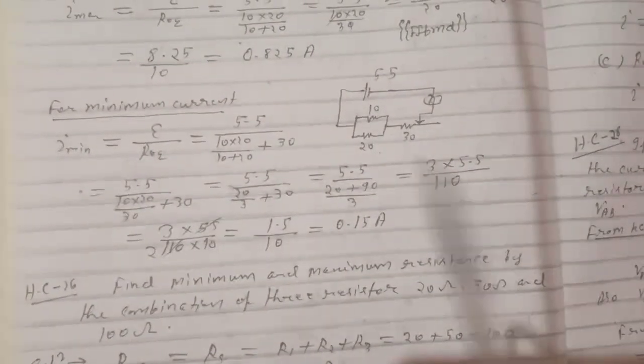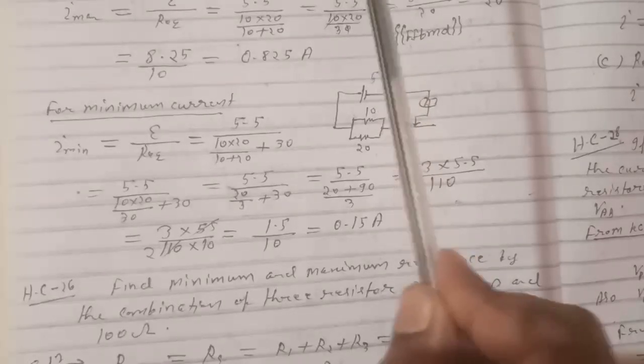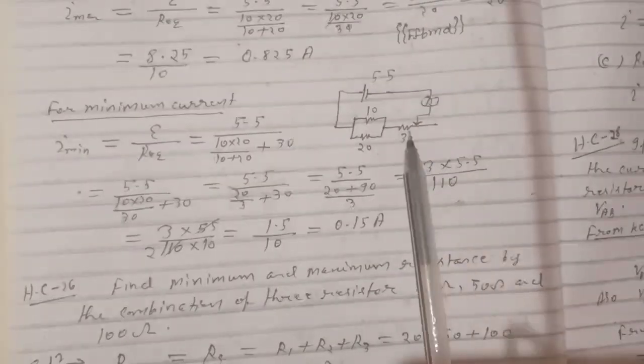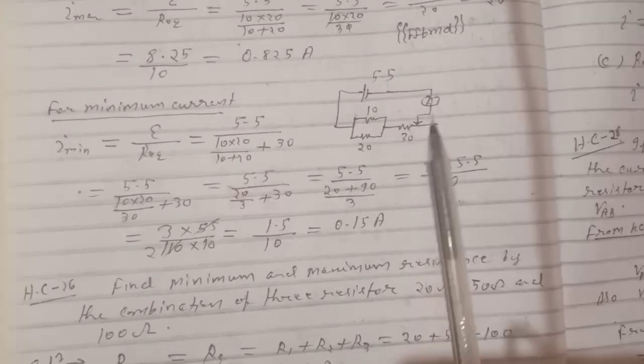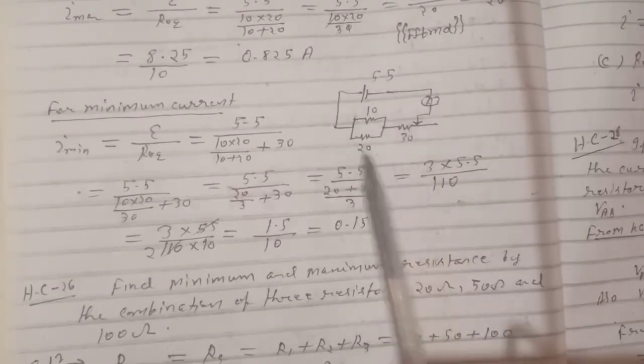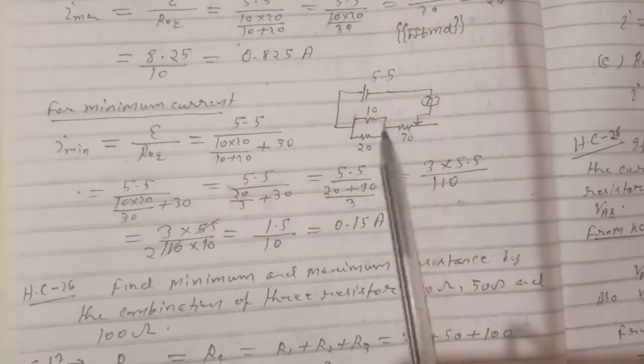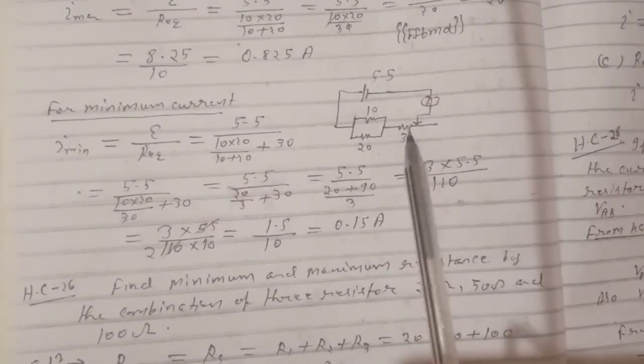Now for minimum current we have to set the needle at Q so that this resistance starts to work. So it will be a 30 ohm resistance. Now R equivalent: we have to consider these three resistors. These two will be in parallel, and again this is in series with this resistor.